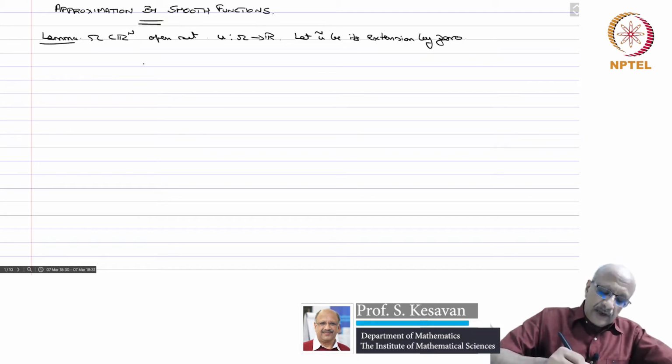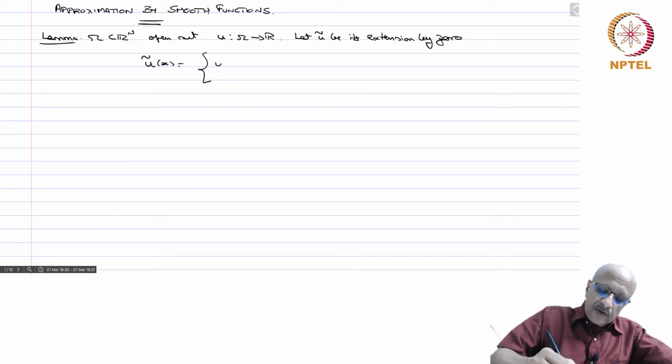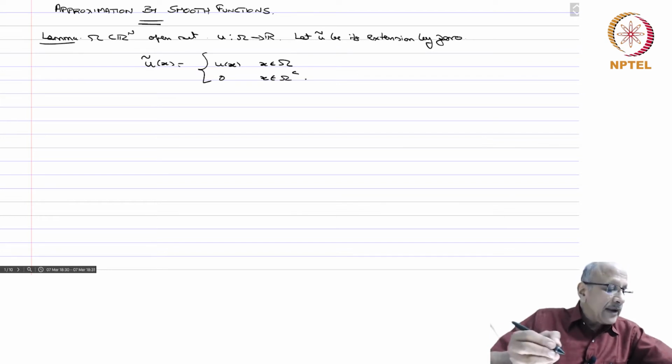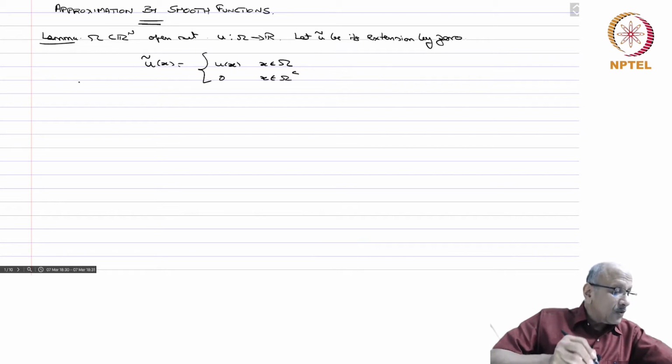So what do we mean by that? This notation we will use all the time. u tilde of x will be equal to u of x if x is in omega, and 0 if x is in omega complement. So you just take the function blindly and extend it by 0.